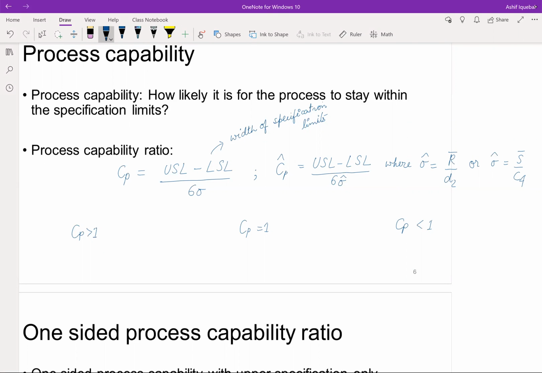Your specification limits are wider than the control limits. That's when CP is greater than 1. Let me write this down: specification limits are outside control limits.